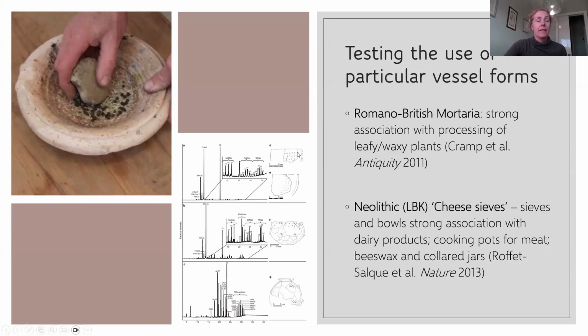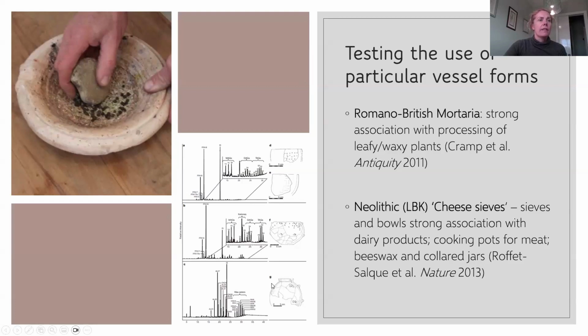The milk sieves were strongly associated with dairy fat, so pretty much all of them had milk residues, as well as the bowls, suggesting that they might have been used together, perhaps with the bowls being used to collect or contain liquid milk. The cooking pots were associated with meat from animal products, so beef, cattle, sheep, or goat.